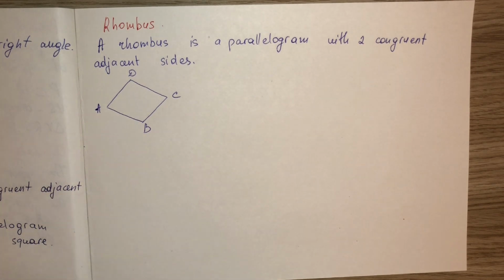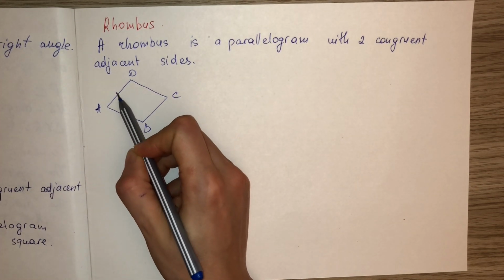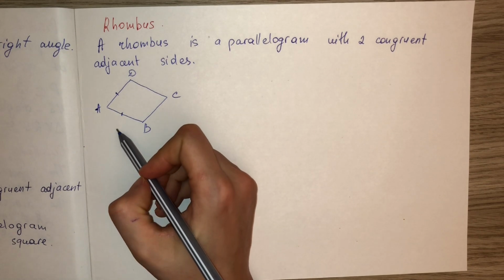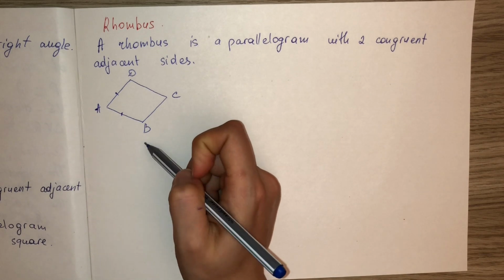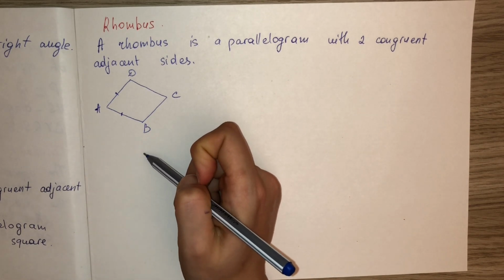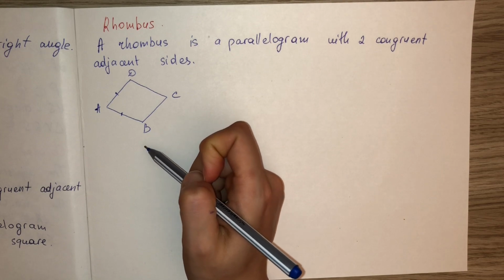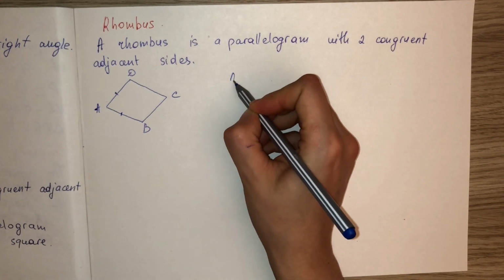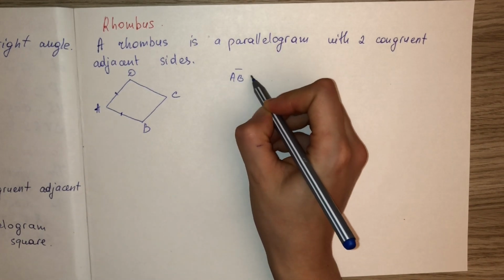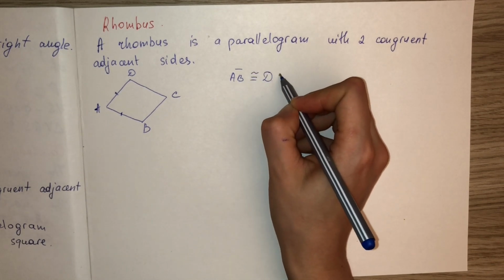So, a rhombus is a parallelogram with two congruent adjacent sides. Here in the given example, AD and AB are the adjacent sides of the rhombus. Okay, and because a rhombus is a type of parallelogram, it's also necessary that the side AB is congruent to the side DC.